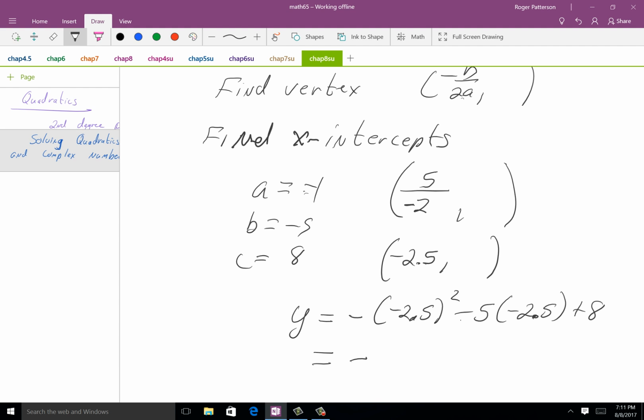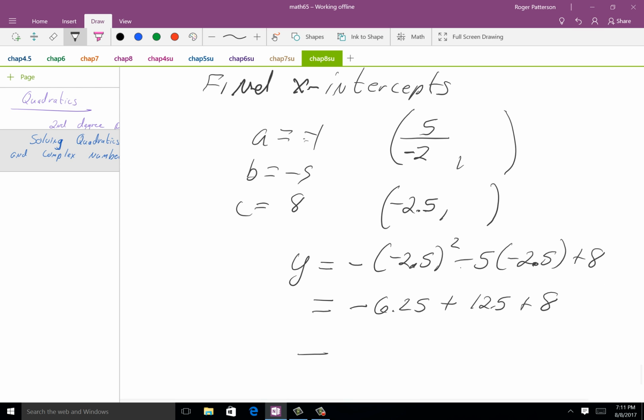So let's see, this is negative 6.25 plus 12.5 plus 8. Unless I did something wrong. It's 20.5.